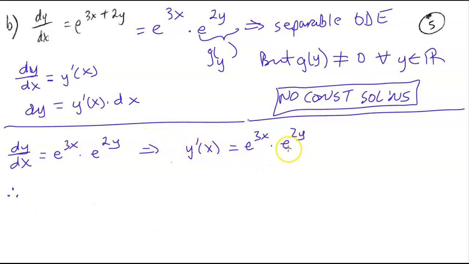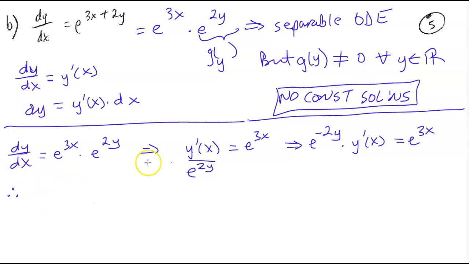And if we divide both sides by e raised to the 2y, I'll have this situation here. This is what I should have done the first time. And then after that, the next step would be we have e raised to the negative 2y times y prime of x is equal to e raised to the 3x.